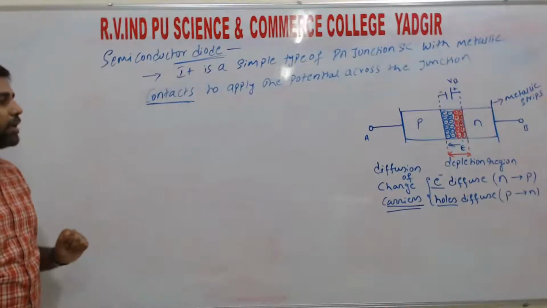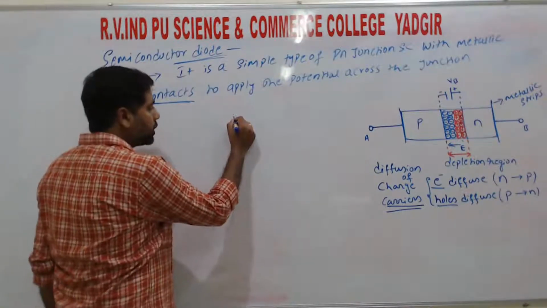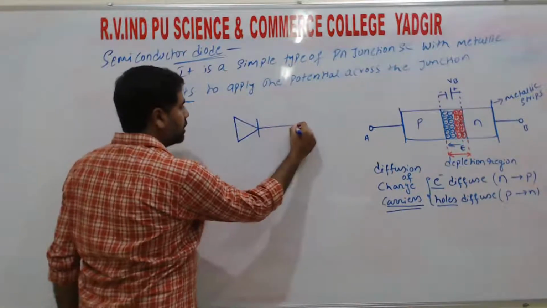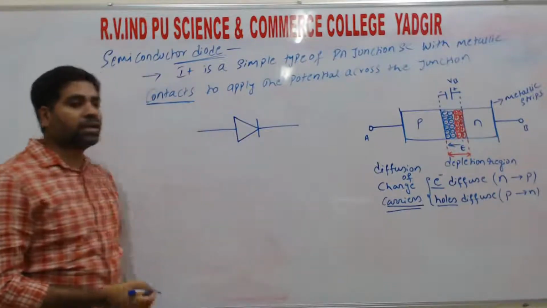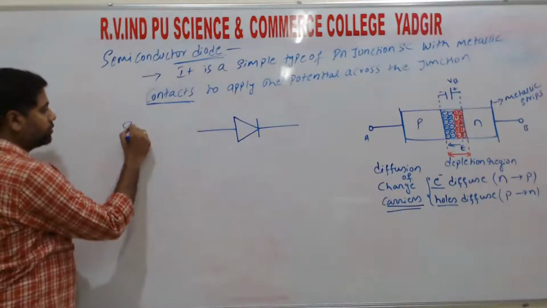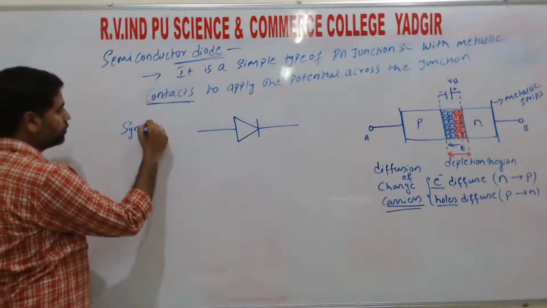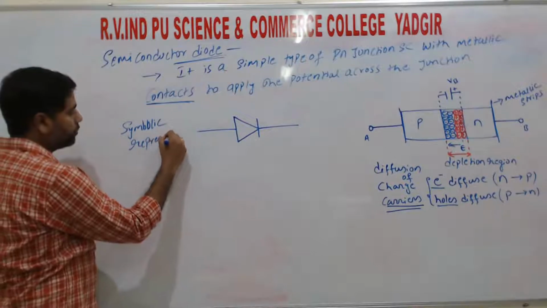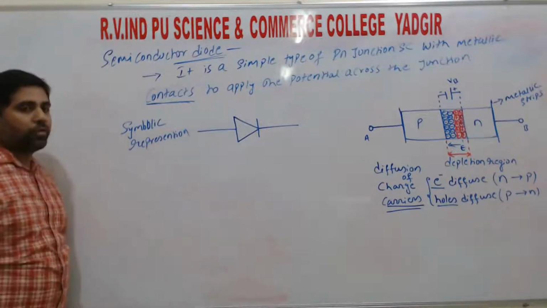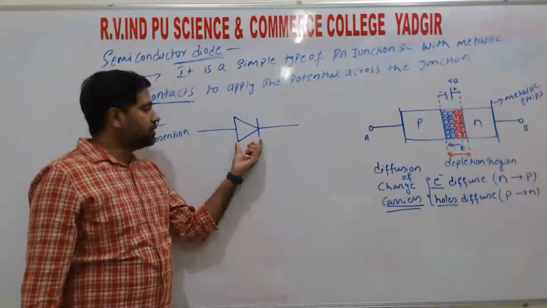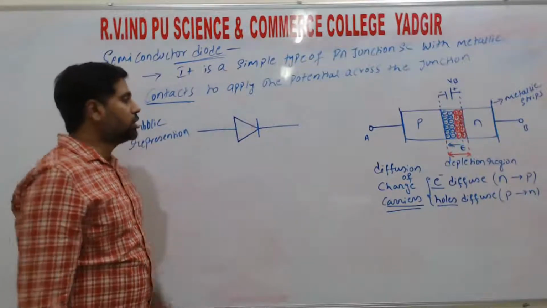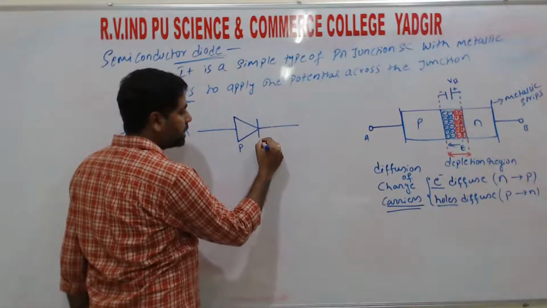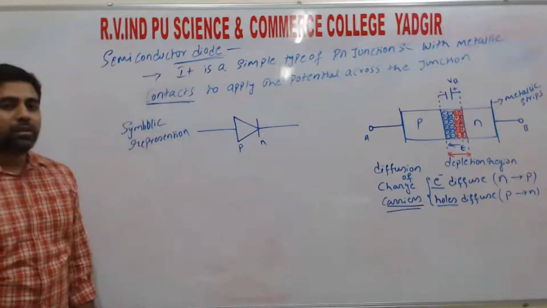So this is the semiconductor, right? The symbolic representation of the diode or semiconductor diode is like this. In a circuit, if you place this symbol, it indicates the diode. Here the arrow mark represents P type and the straight line represents N type, right?